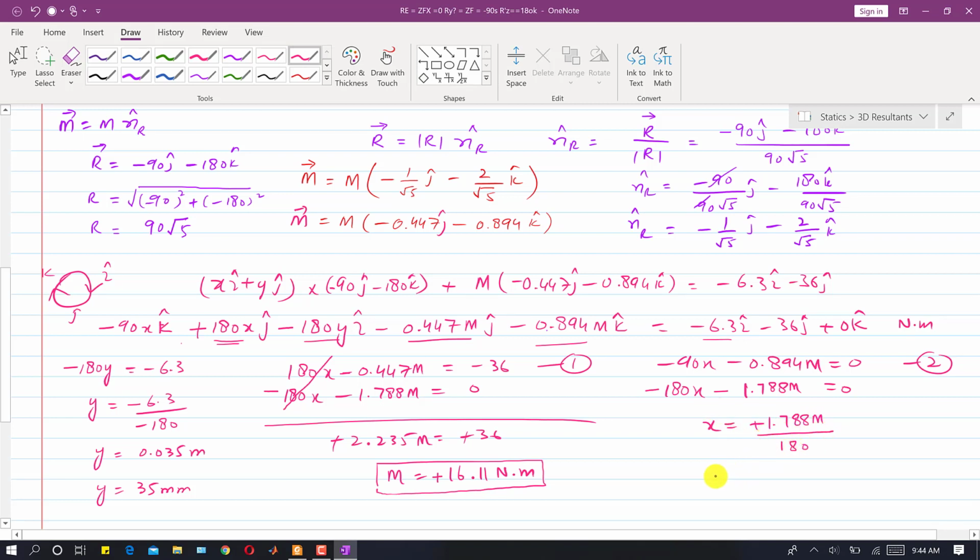So x will be equal to, if I put this, this comes out to be 0.160 meter, and if we multiply this with 1000, then this x will be equal to 160 mm. This will be divided by minus 180, so this comes out to be minus, and this is minus. So this is the x coordinate of that point of application of that wrench. So this is minus 160 mm and this is 35 mm.